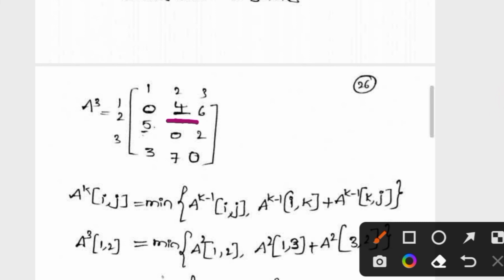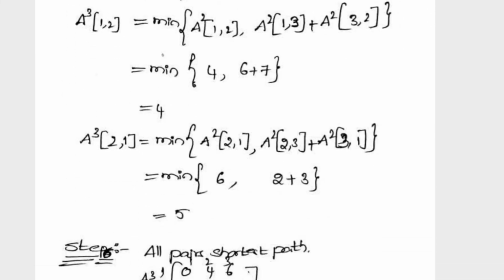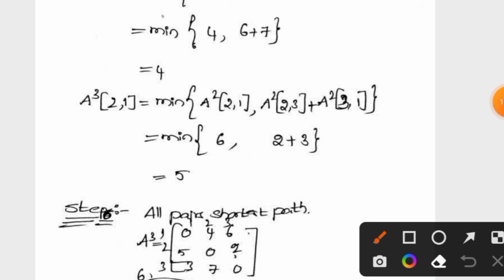Now we have to calculate the 2 comma 1 position value. We use the formula A power 3 of 2 comma 1, here i is 2 and j is 1, equal to min of A power 2 of i comma j, comma A power 2 of i comma k plus A power 2 of k comma j.